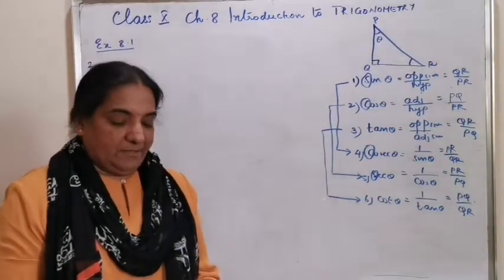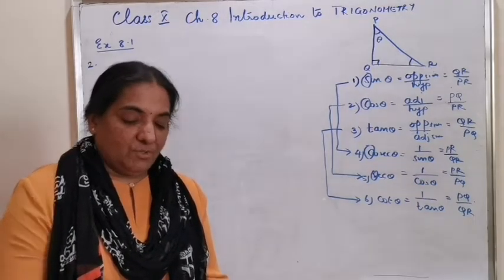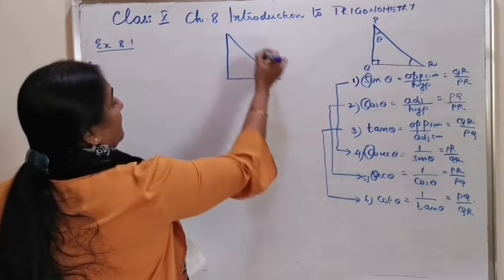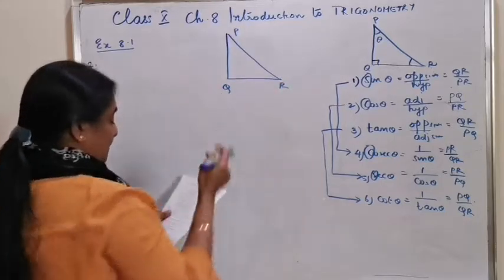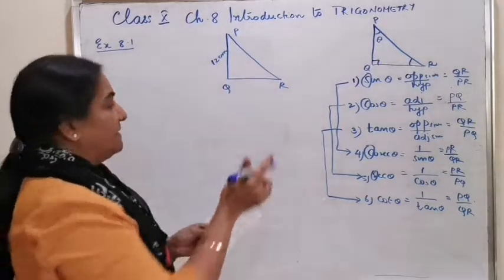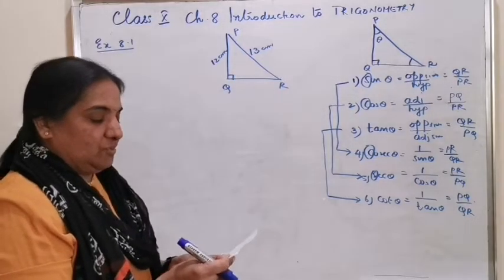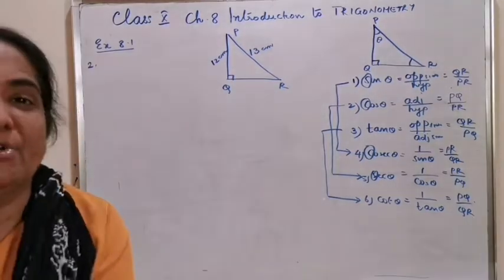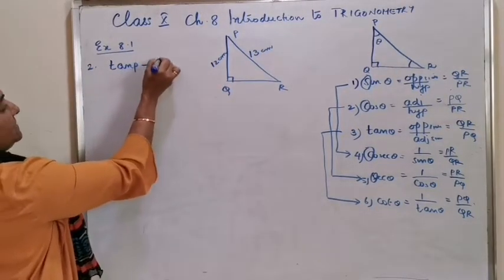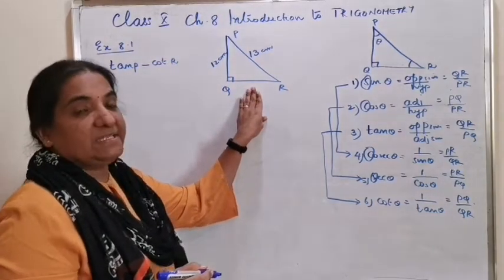Question 2. In the figure, find tan P minus cot R. You are given a right triangle PQR, right angled at Q. The measure of PQ is given as 12 centimeter. PR is given as 13 centimeter. Angle Q is 90 degree. You are asked to find out tan P minus cot R. For any of the ratios, you need always the third side.